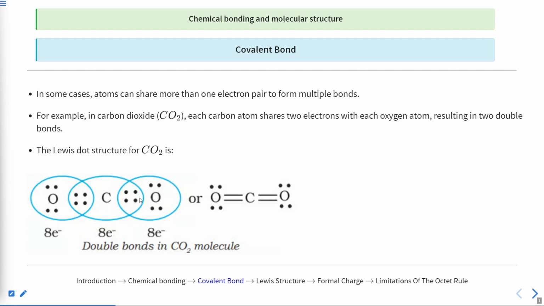But these 4 electrons of oxygen and these 4 electrons of the other oxygen are not falling under any intersection, right? So they are not shared. Once electrons get into the intersection of two circles, we can call them shared. Otherwise, they are non-shared, or we can think of them as lone pairs. So these all are lone pairs of electrons. Clear? It is basically coming from the word lonely. It is a lone pair because it is not getting shared between the two. Okay, clear? So this is the Lewis dot structure of carbon dioxide.